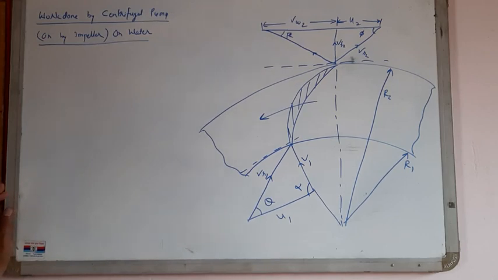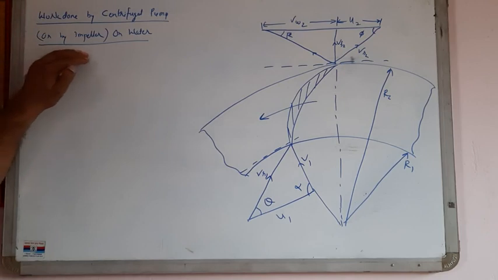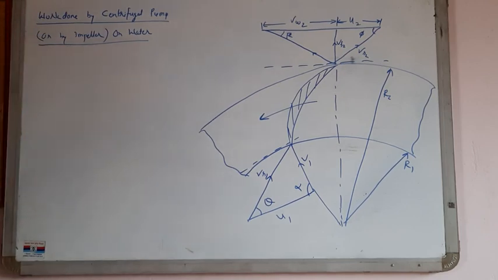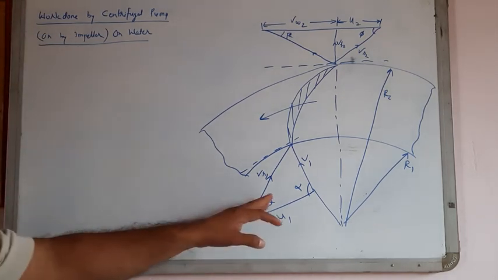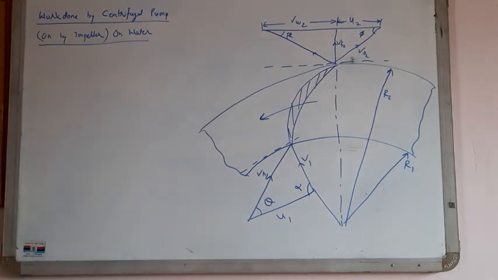Today we will do the work done by centrifugal pump on the water, by the impeller. These are the inlet and outlet triangles of the centrifugal pump. In case of centrifugal pump, work is done by the impeller on the water.